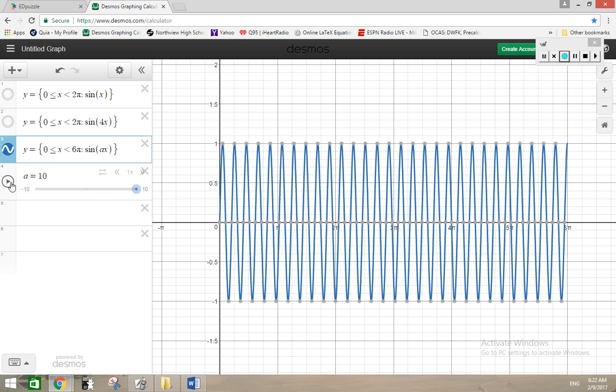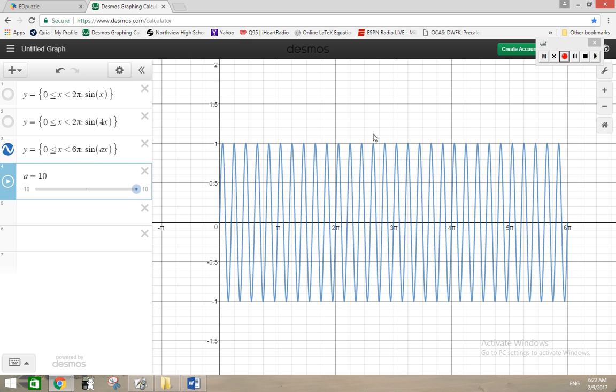But anyway, you can play around with this Desmos graphing calculator, and it's kind of neat.